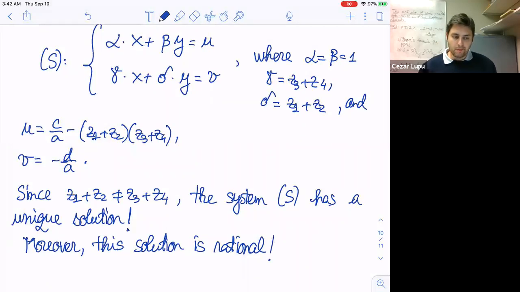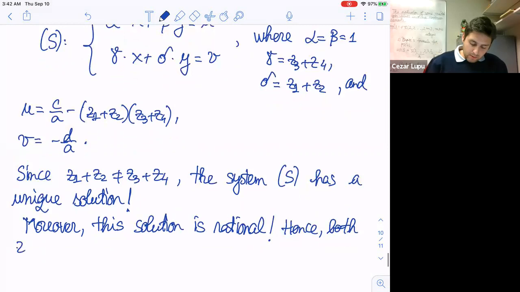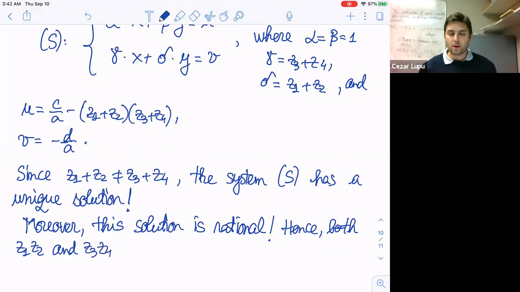This is important. In particular, this means that both Z1, Z2, and Z3, Z4, both of these two products are rational. And that's it. That's the end of the solution.